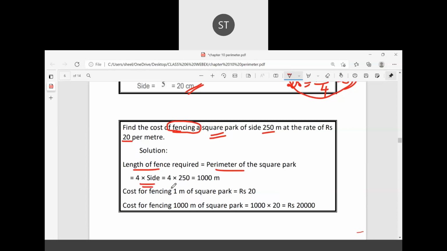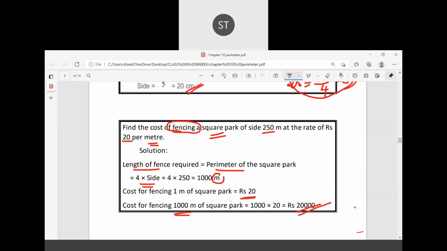So 4 into 250 is equal to 1000 meter. Now meter is only the unit, right? Now the cost per meter, what is that? Rupees 20. So the cost of fencing 1 meter is equal to rupees 20 only. So the cost of fencing for 1000 meter is equal to 1000 into 20, isn't it? Rupees 20,000 only. So this is the answer for this question.